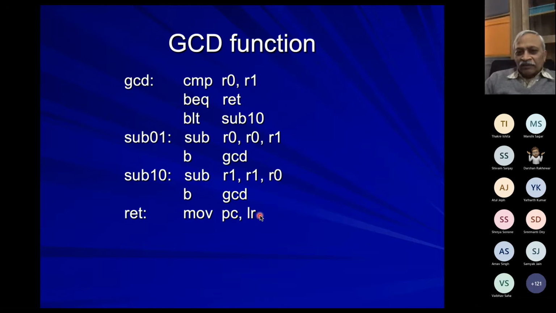Some processors use an instruction like branch on register. Instead of branching to a fixed address, you branch to an address which is provided by a register. Contents of registers are not known when you are writing the program, so branching to a variable address is what is required. Any more questions?